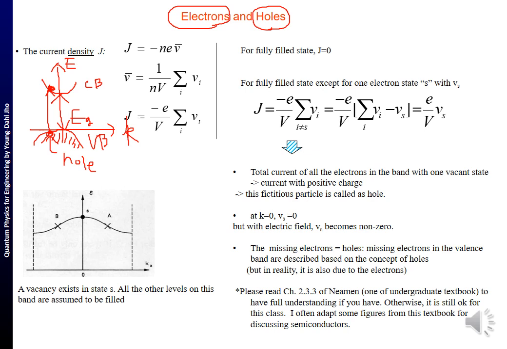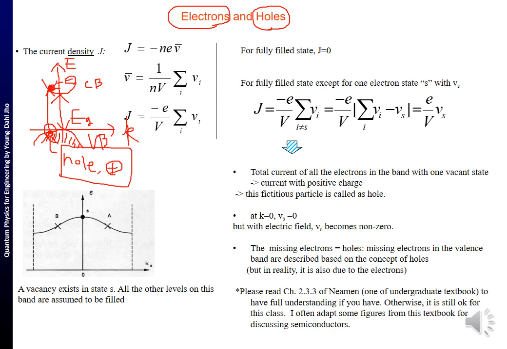When one electron is missing and one electron is now in the conduction band, then you have negative charge here, negative charge here. When an electron is missing, then we call it a hole. Then now we have positive charge. So missing one electron is equal to one positive charge, named a hole. That's the idea of semiconductor description. Okay?